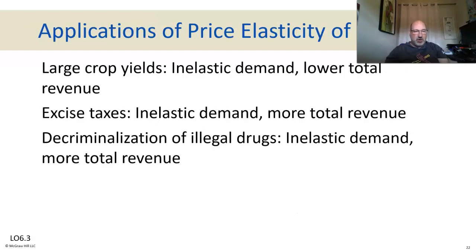Applications: large crop yields. It's an inelastic demand, so lower total revenue. Having lived in the Midwest for many years, Kansas and Nebraska, I can tell you this: every farmer has 500 acres, and the guy next to you has 500 acres, and you're both experiencing the exact same weather conditions, but you still believe that you need a bumper crop and that guy's crops need to fail for some reason.